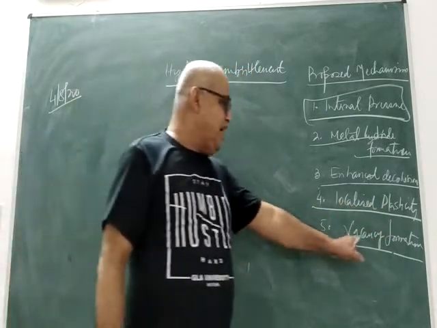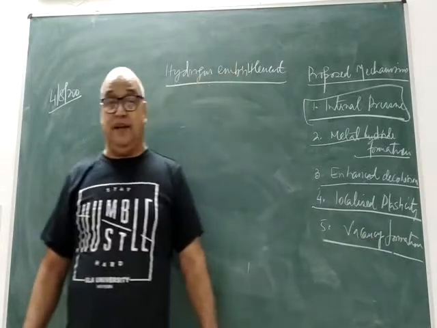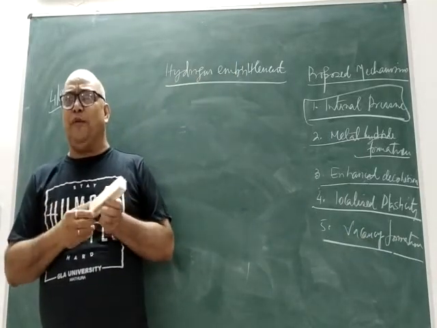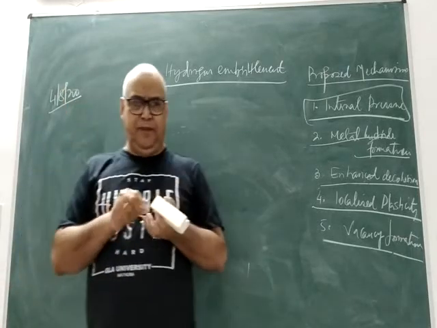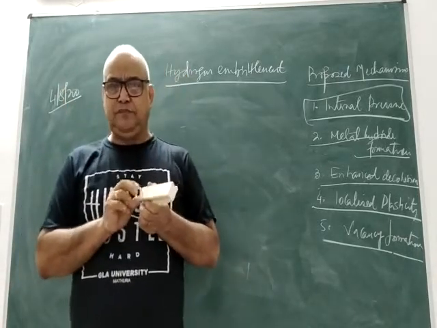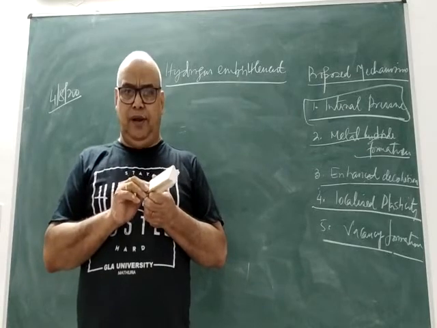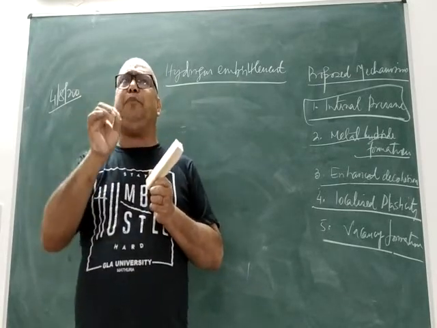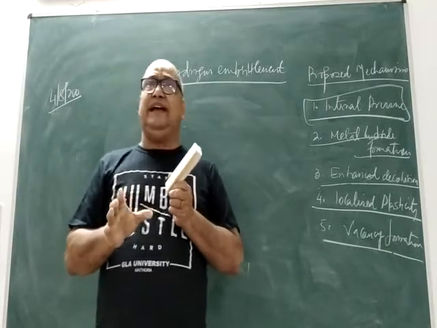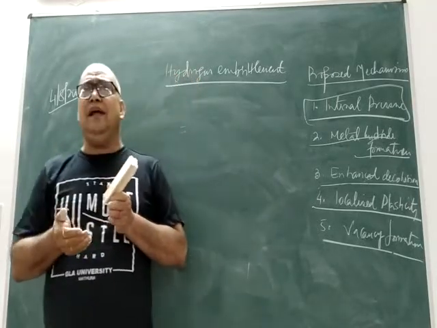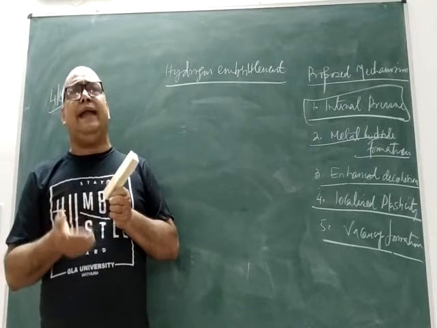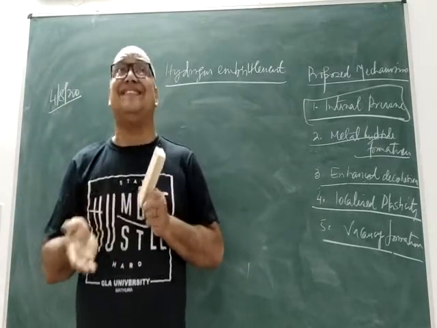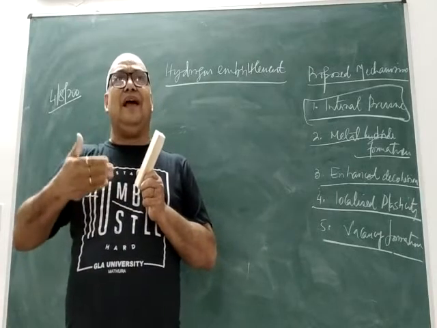And number 5 is vacancy formation. It is very, very important. How is vacancy formed, do you know? Vacancy is a type of point defect in a crystal when an atom is missing from one lattice site.